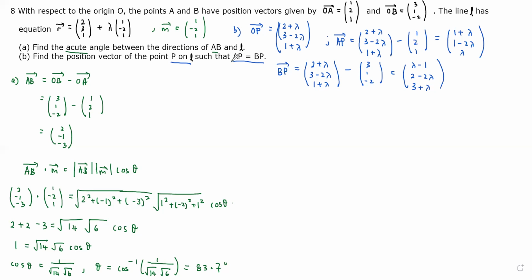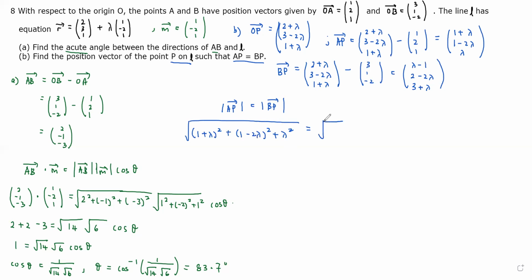AP is equal to BP. If AP is equal to BP, then the magnitude of vector AP must be the same as the magnitude of vector BP. The magnitude of vector AP is the square root of the sum of squares of the components of vector AP. And we have 1 plus lambda squared plus 1 minus 2 lambda squared plus lambda squared.